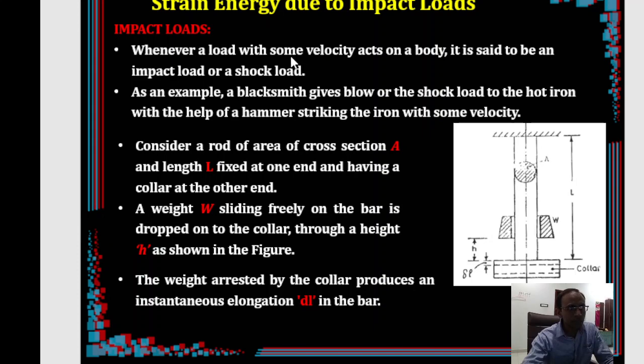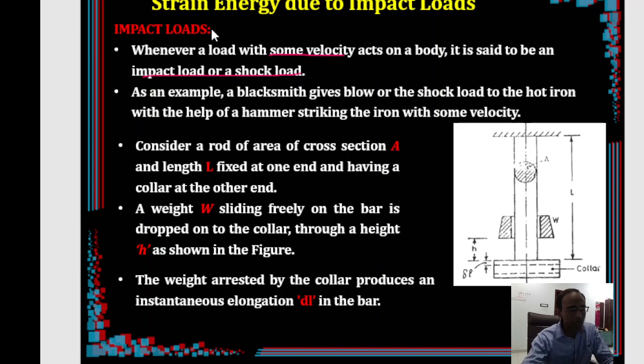So that's what it is here. Whenever there is a load with some velocity acting on a body, it is said to be an impact or shock load. It is not just suddenly hit, but is coming with force. As in the previous case, it is coming suddenly, yes, but it may not have much velocity, but here not only coming suddenly, but with great force, great velocity, it's coming. Such kind of loads we are referring to here.